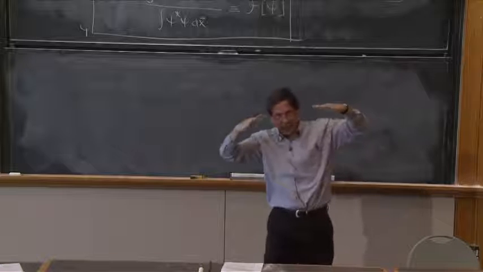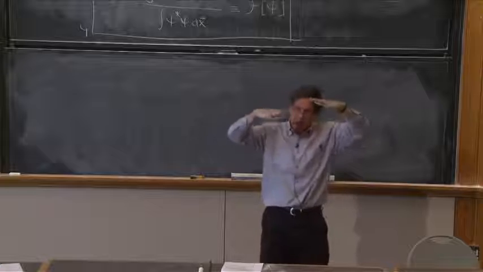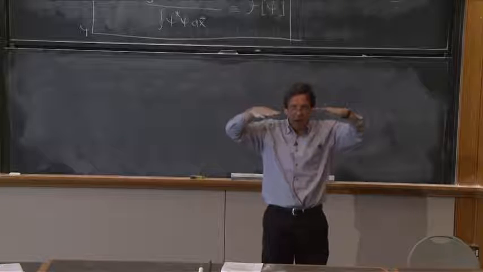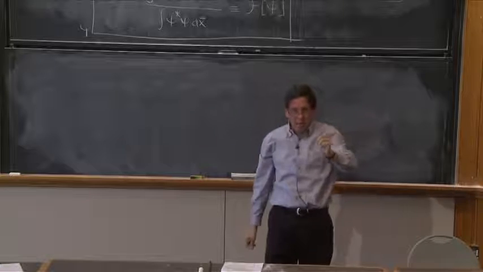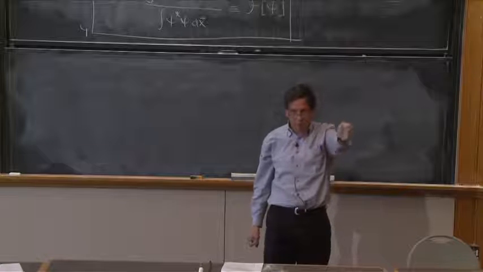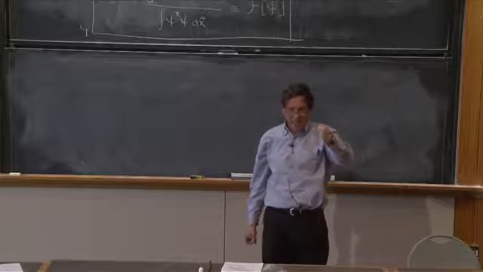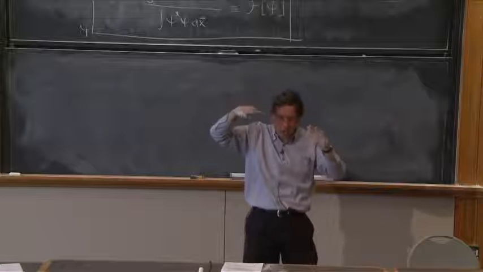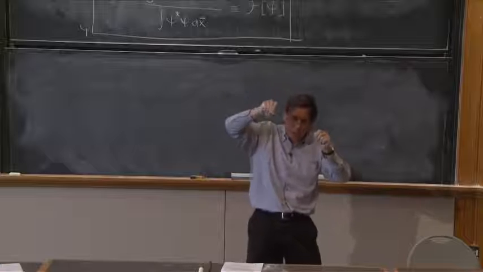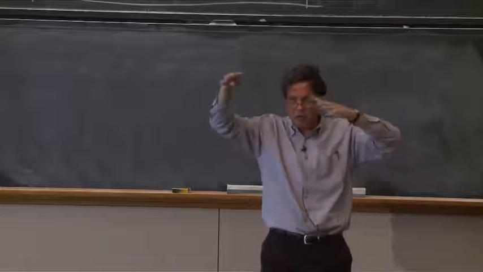Because a function itself is specified by infinitely many numbers that you can change. So, you know, how many dimensions you have is how many ways you can move your hand that are linearly independent. But if you have a function and you can change it here, or you can change it there, or you can change it there, or there, and those are all orthogonal directions.